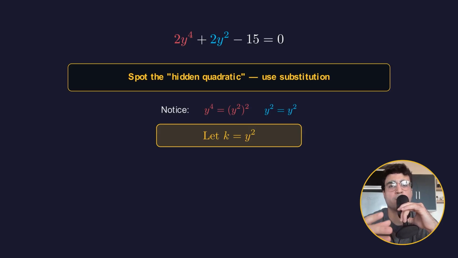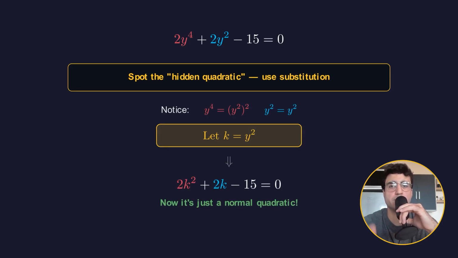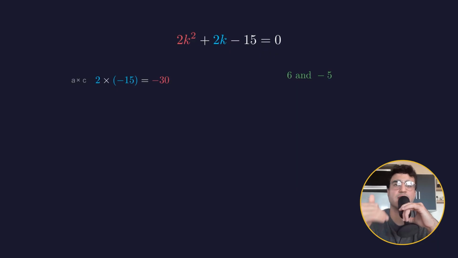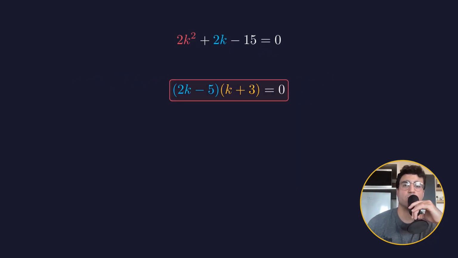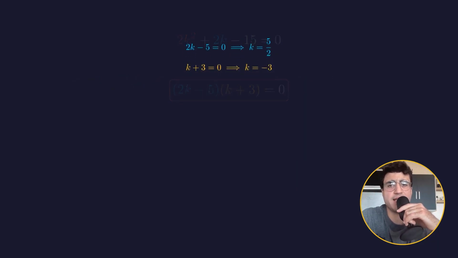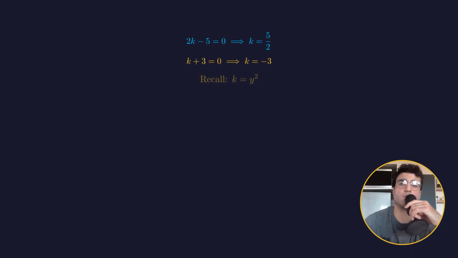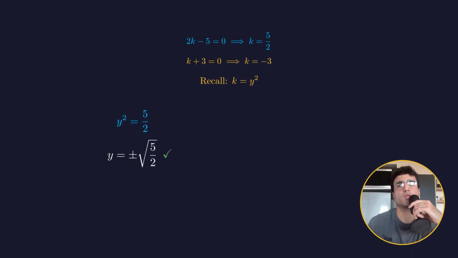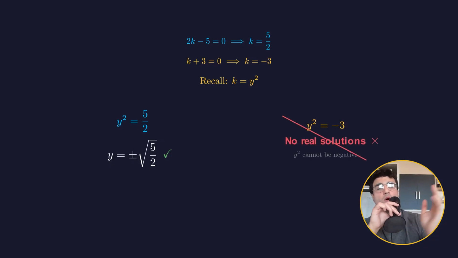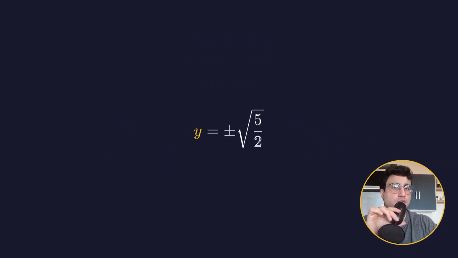Using methods previously explained, we get 2k minus 5 times k plus 3 is equal to 0, which means that k is equal to 5 over 2, or k is equal to negative 3. But we're not done yet, because we're going to resub y squared in, which means that y squared is equal to 5 over 2, or y squared is equal to negative 3. But remember, y squared can't equal minus 3 within the scope of the syllabus, so we're going to have no real solutions there. Meanwhile, y is going to equal plus minus root 5 over 2.